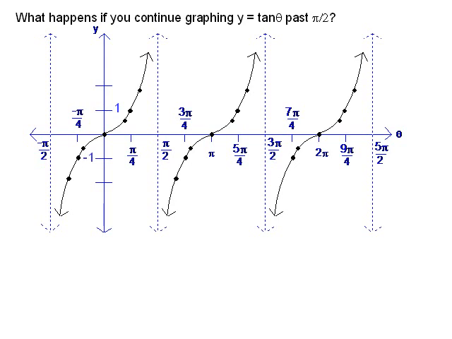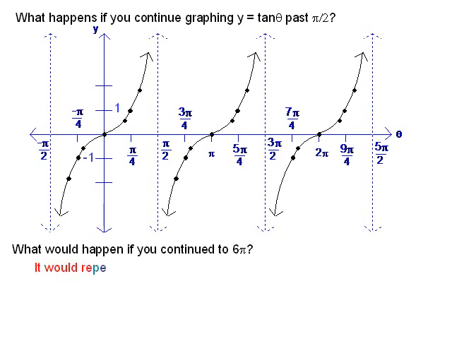As you can see, it's just going to repeat. What would happen if you continued to 6 pi? It would still repeat. This is because y equals tangent theta is periodic. And as we learned last section, periodic means that it's going to repeat after a certain amount of time.